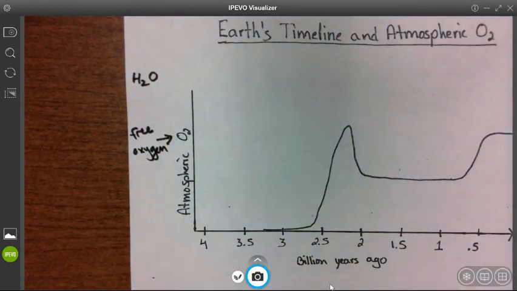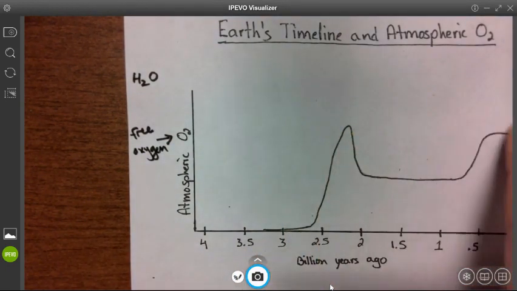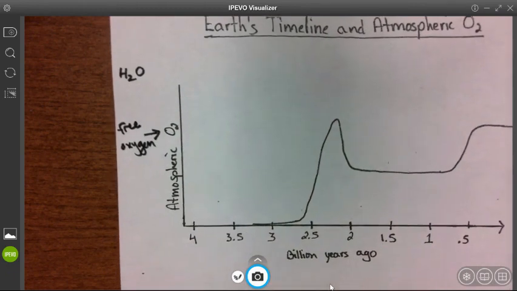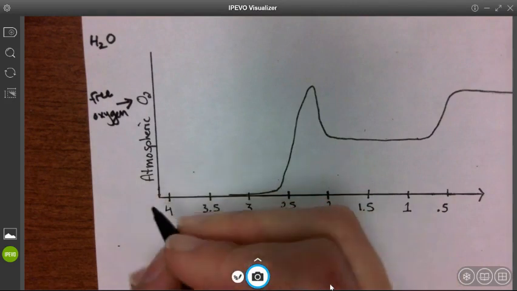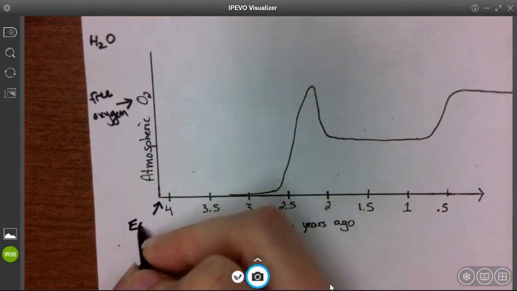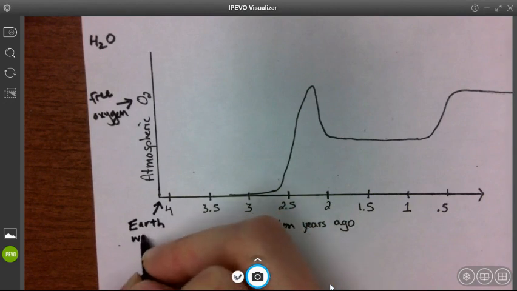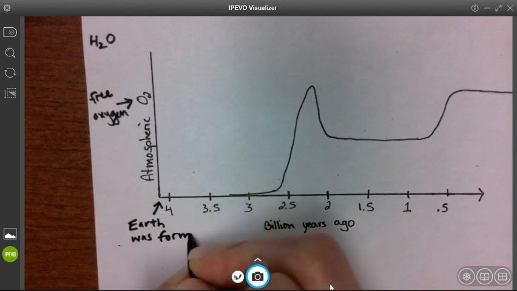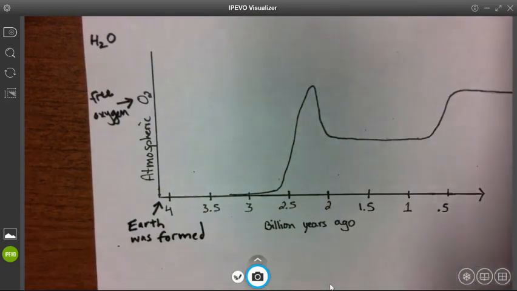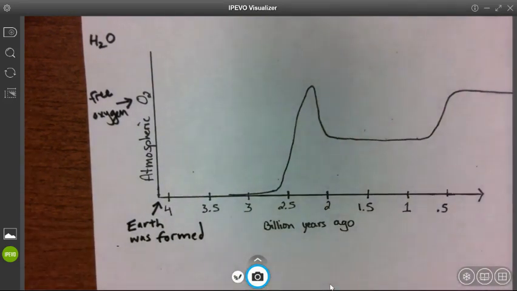When we look at this timeline, this line shows the change in free oxygen over time. At the beginning of this graph, about 4.5 billion years ago, is when Earth was formed. Scientists see evidence of protocells, which means cells with membranes, but maybe not all the things we associate with cells, like DNA or ribosomes.